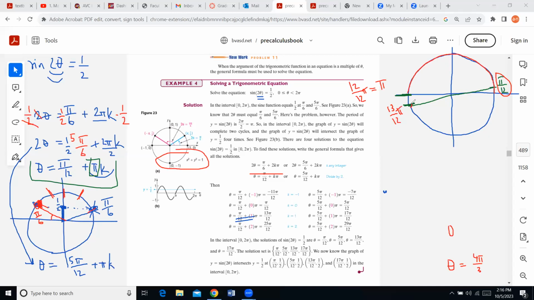So that way I produce like 2 opposite points. So actually, because of this 2 theta, we're picking up another solution. That's the message.